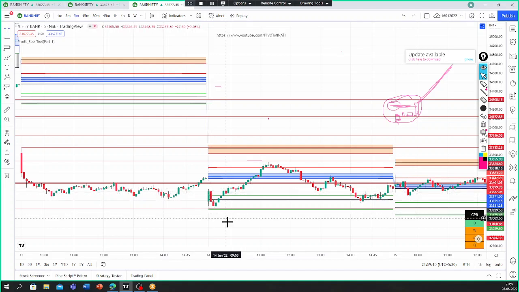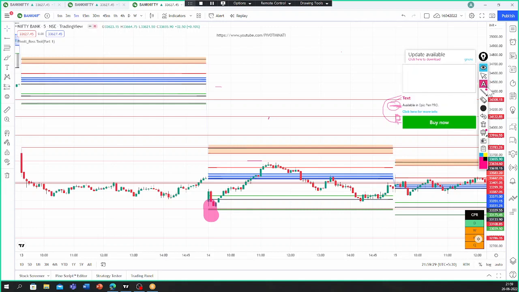Now, you have a strong support here from the pivot. There is an L4. Now, to go short, I have to wait for this low to break this L4. To go short, I have to break. What happened? What did I select?